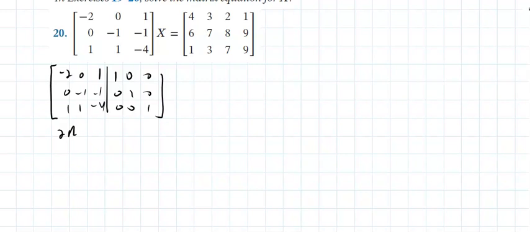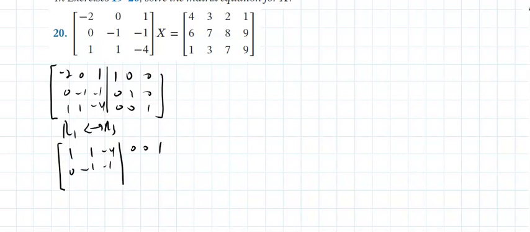You don't have to, but I could say take row 1 and switch it with row 3. So that makes life simpler. 1, 1, -4, 0, 0, 1. Those I'm going to leave alone. And this is going to be -2, 0, 1. Again, you don't have to really do that.